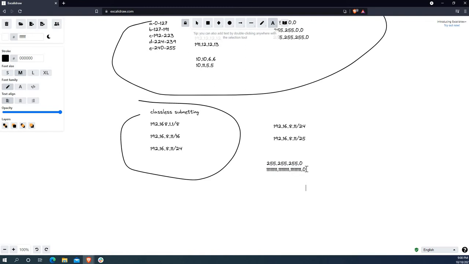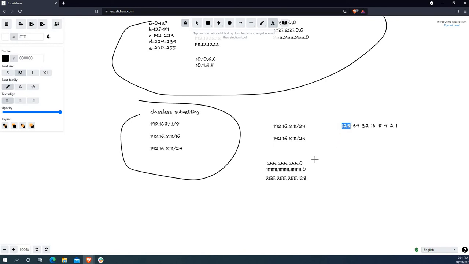you will have something like 255.255.255.128, because there's 25 bits that are turned on, right? And when you turn on the first bit on the left, it's 128. So binary goes like 128, 64, 32, 16, 8, 4, 2, 1, right?